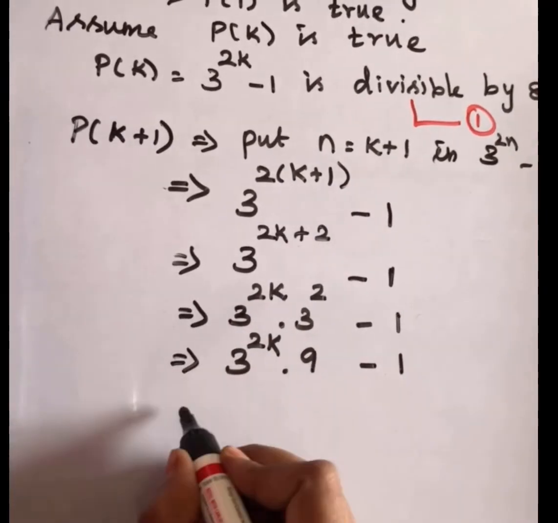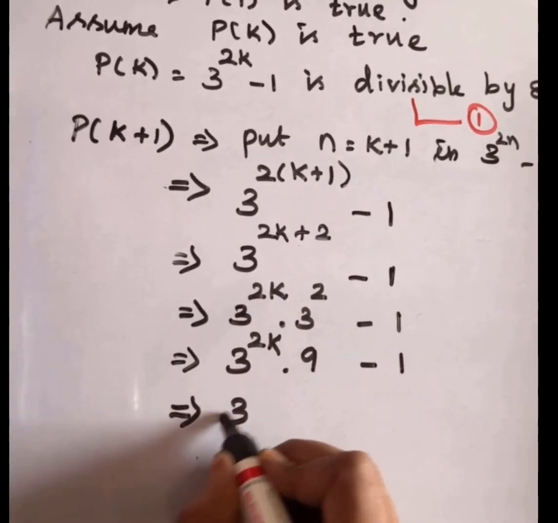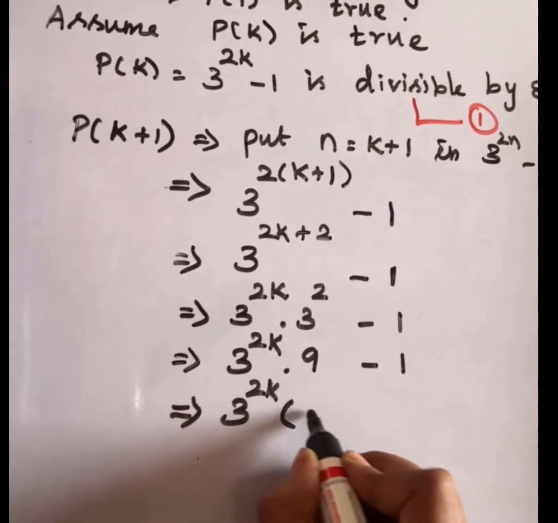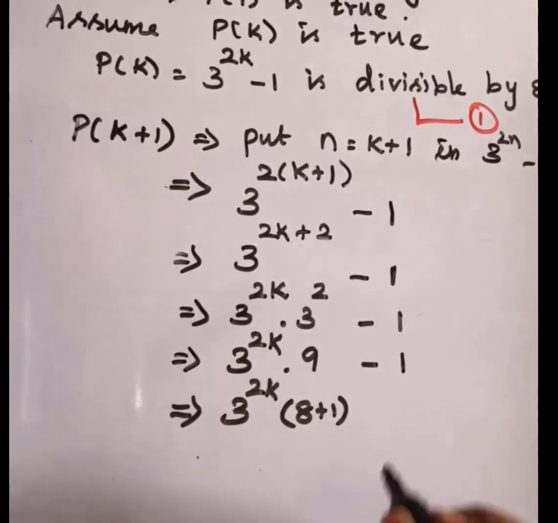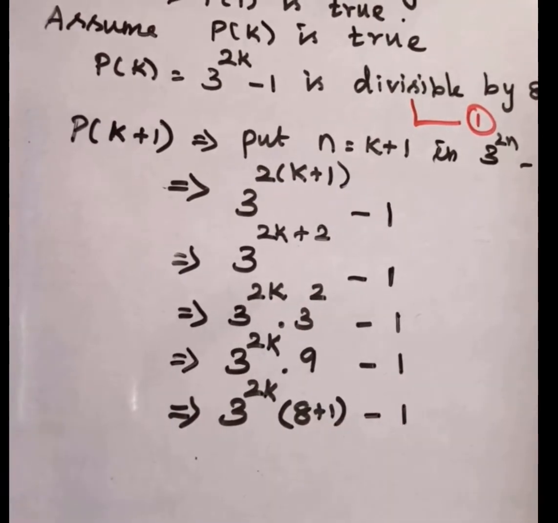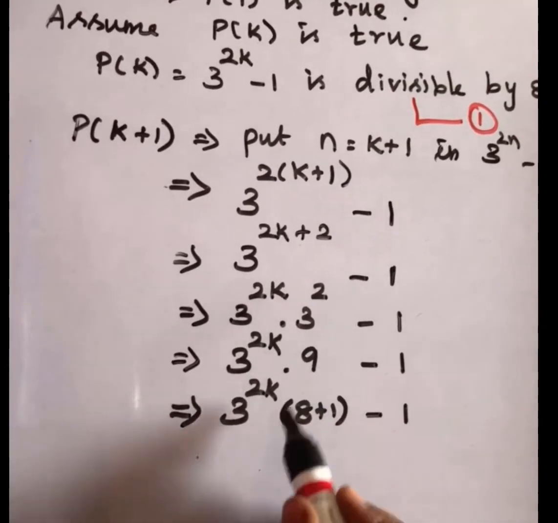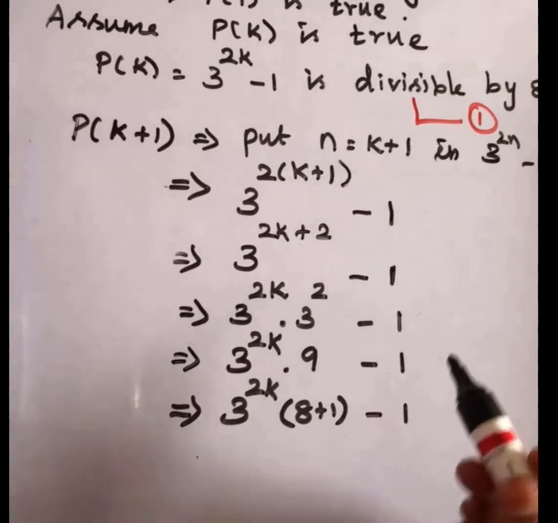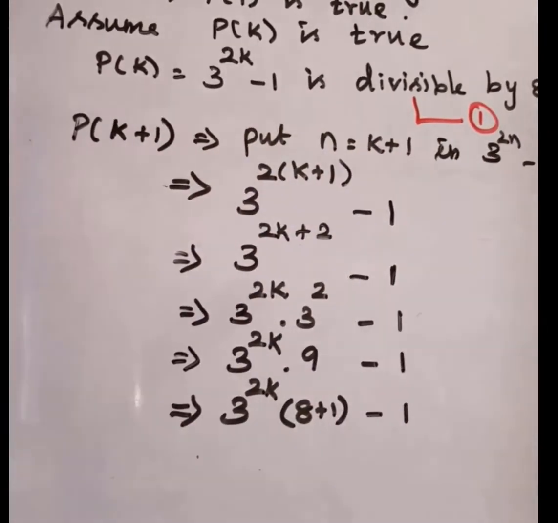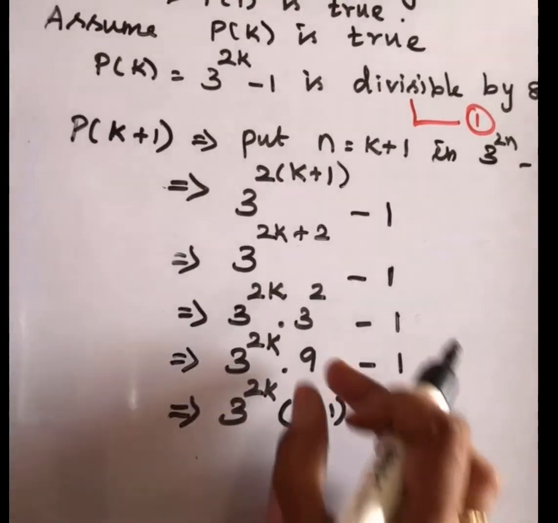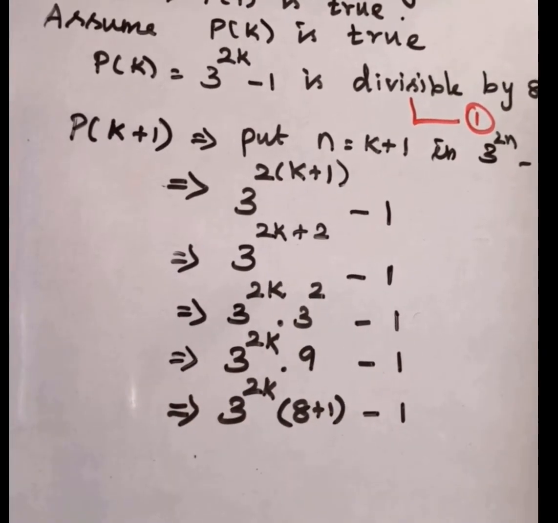Now, I write this 9 as 8 plus 1, minus 1. Okay, why am I writing it as 8 plus 1? Because we have to prove the given expression is divisible by 8. So in terms of 8, I am splitting that number. 3 power 2k into 8 plus 1.